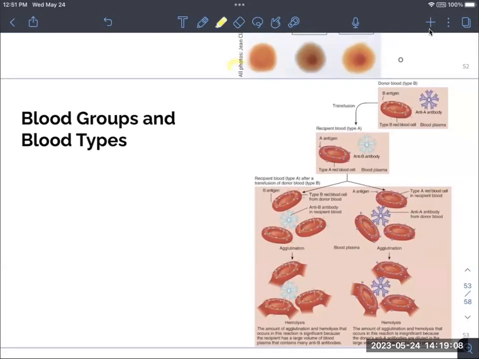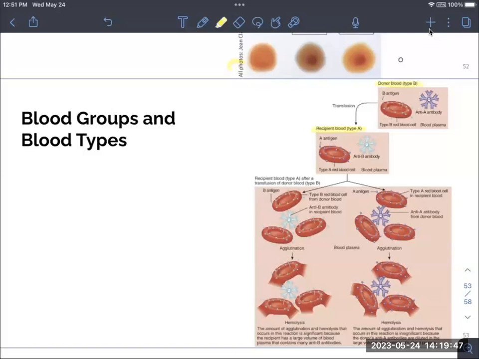So when we're donating blood, we need to make sure that donor blood is going to match up to that recipient's blood. If it does not match up, like somebody with type A receiving type B blood, those anti-A or anti-B antibodies are going to go in and kill off any of that donated blood that doesn't match up.